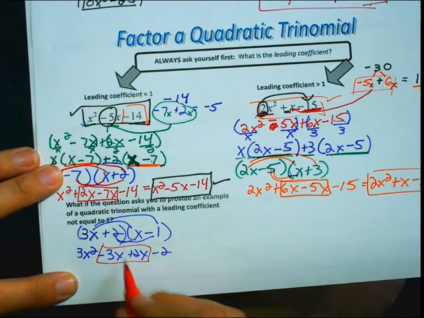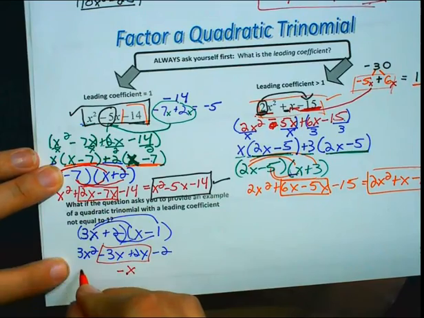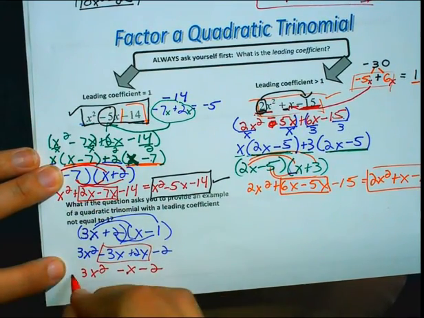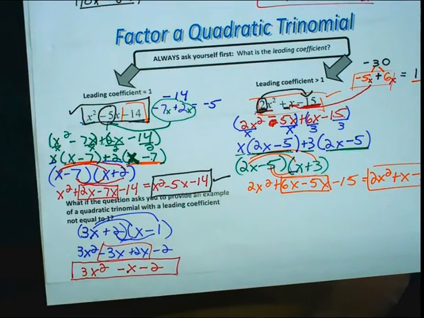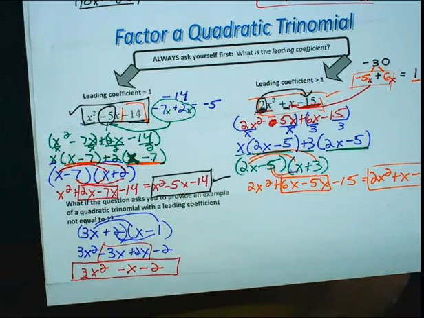So negative 3x plus 2x is negative x. And then 3x squared minus x minus 2. There is my trinomial with a leading coefficient greater than 1. So it's basically requiring you to work backwards. Okay, the key is you want something factorable. Well, if you want something factorable, then you want to start with 2 factors.